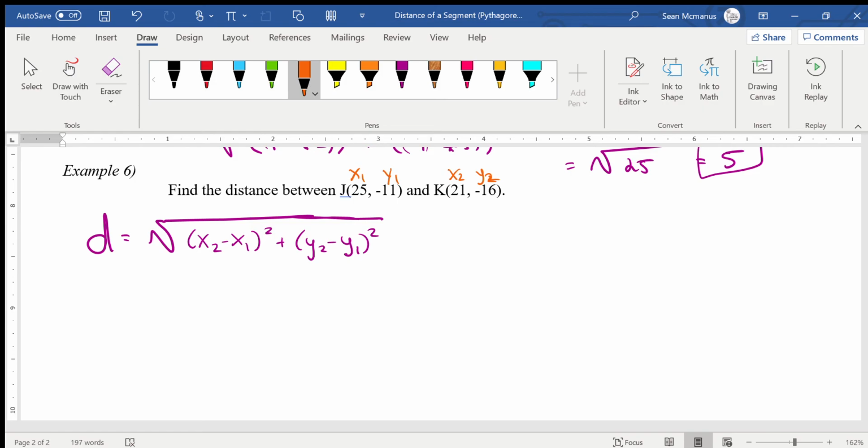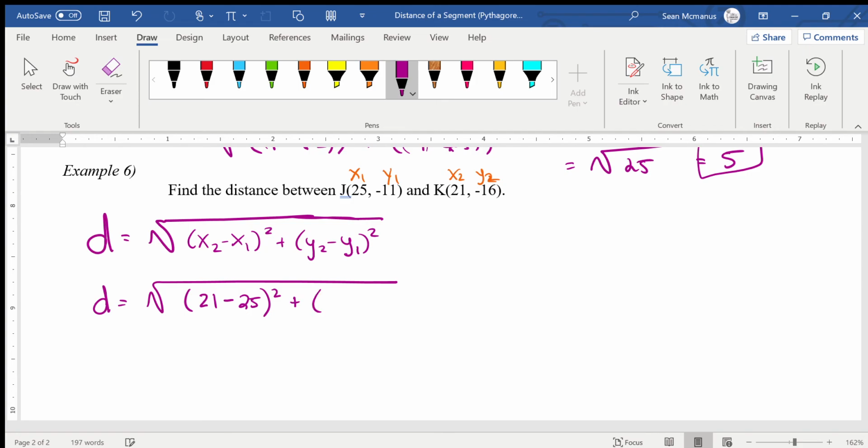So d equals the square root of x2, which is 21, minus x1, which is 25, squared, plus y2, which is -16, minus y1, which is -11, so minus -11, squared. You can see right here, two negatives.